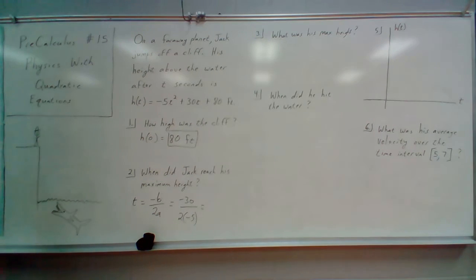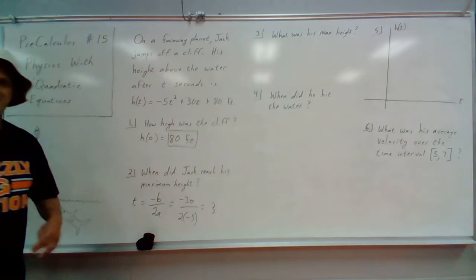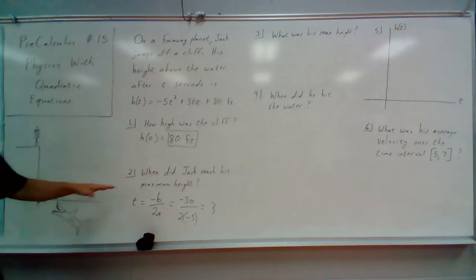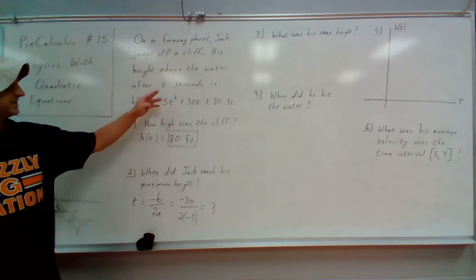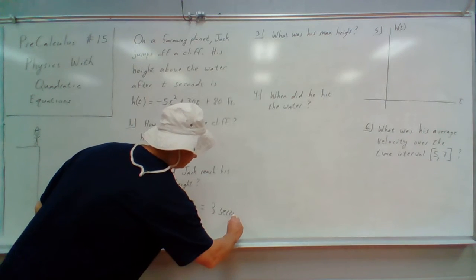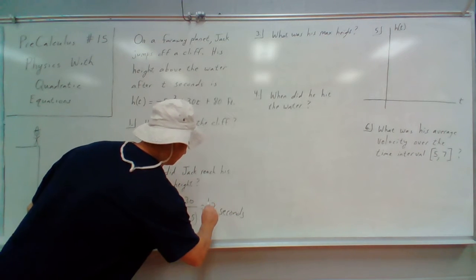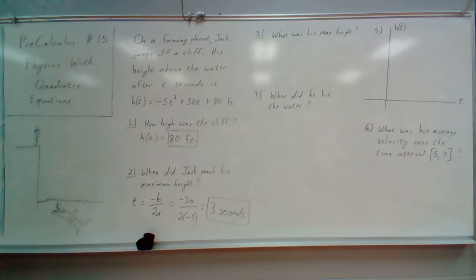Negative 30 over negative 10 would be 3. 3 what? Well, we want to know when that happened. We solve for t. t is measured in seconds. So make sure we include units and say 3 seconds. So he reaches his maximum height at 3 seconds.